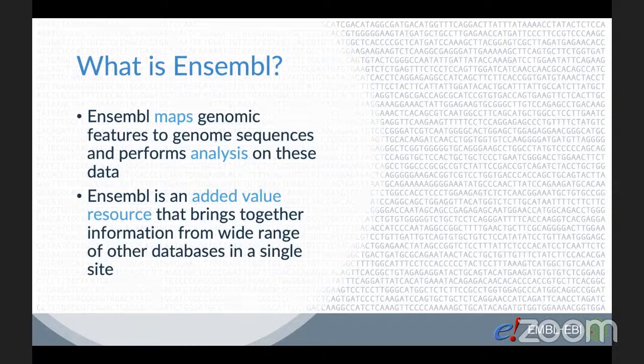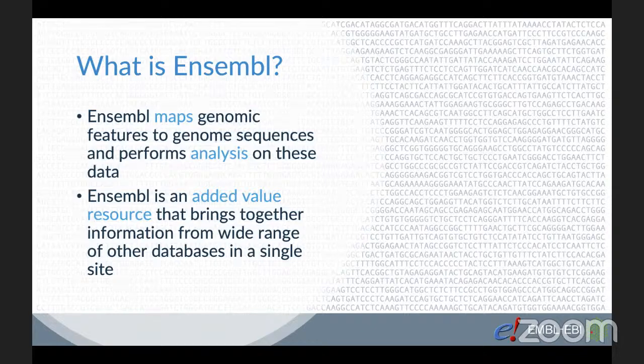We make sense of them by mapping genomic features such as genes and transcripts, exons, genetic variants, and regulatory elements to the genome sequences, decoding the genetic information and putting the genome into context.